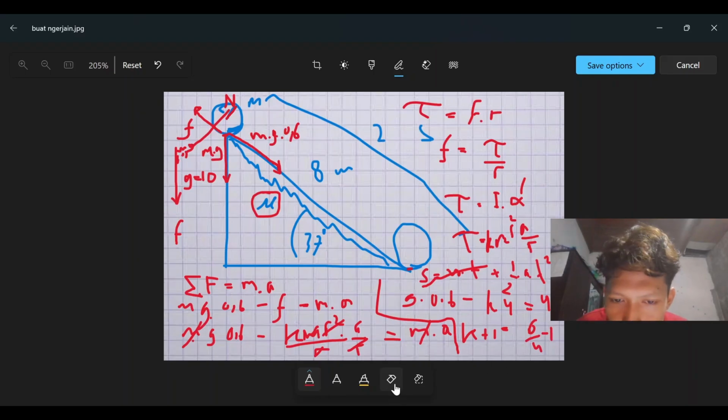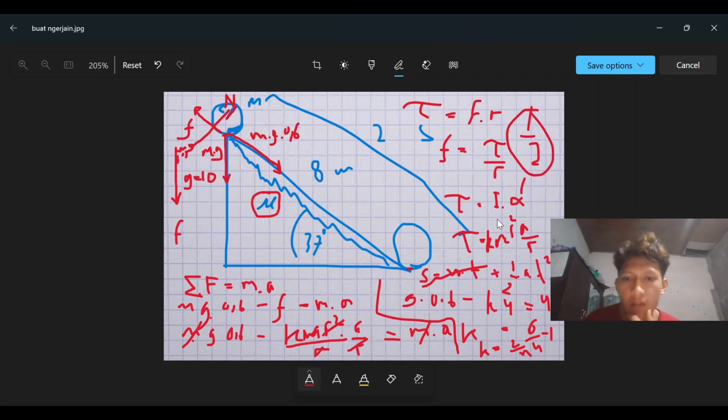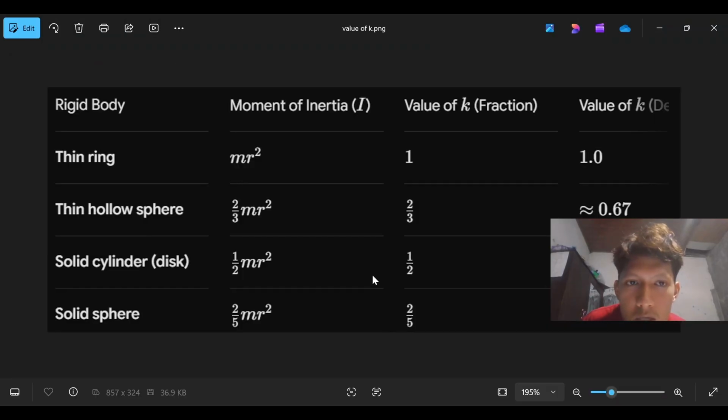So k would be 2 divided by 4, or a half. And what is a half? For k that is a half, it's a solid cylinder. Yay! The answer for this question is solid cylinder.